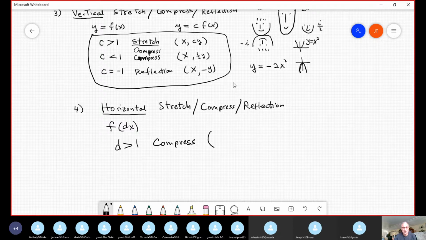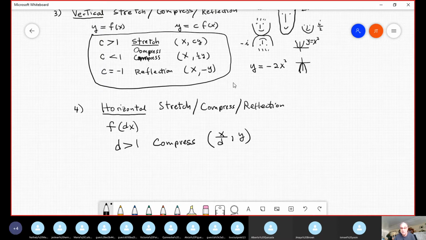Because you change x, and now you divide, because remember the operation inside the parenthesis is reflected in the function completely opposite. So x over d, division, comma y. If you are dividing and d is greater than 1, you divide by 2, by 3, by 4. Therefore, the x value is decreasing. So it's like a compress.